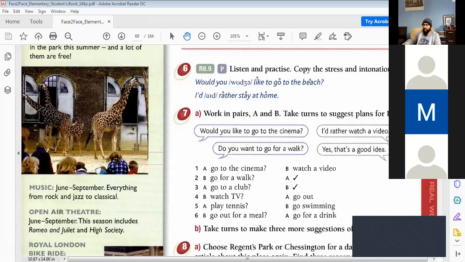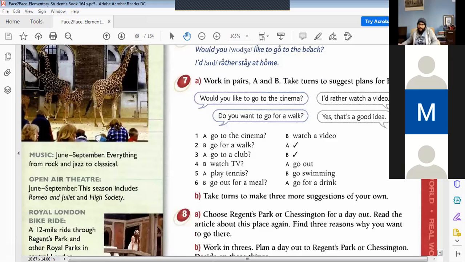Would you like to get... Okay, so this means we need to do it in pairs, like a conversation.